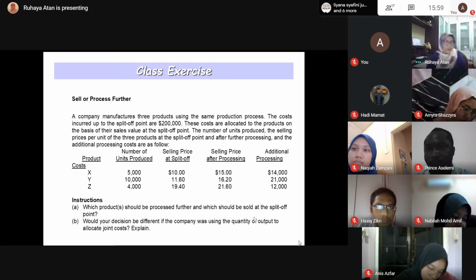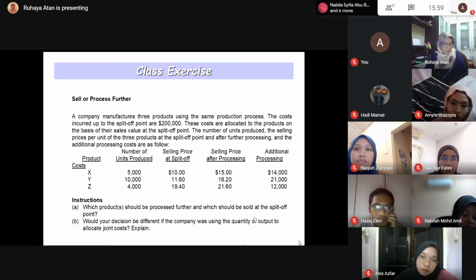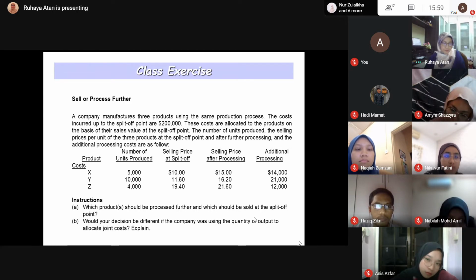And then calculate what is the cost if you were to sell at the split off point. And you will find whether you will have profit or loss at that point.